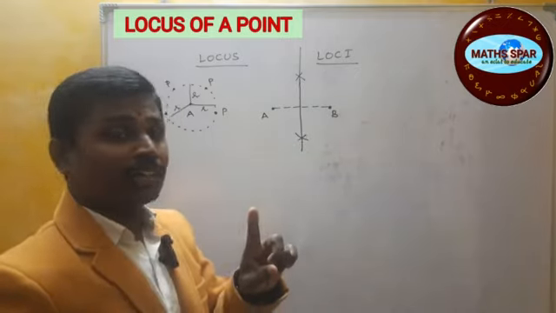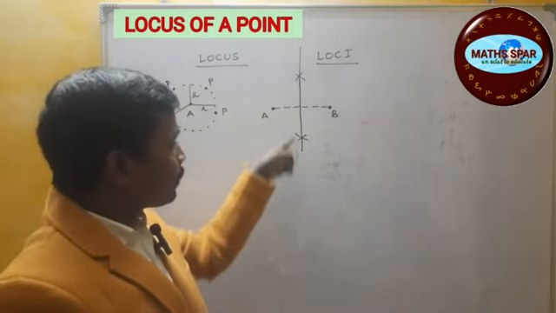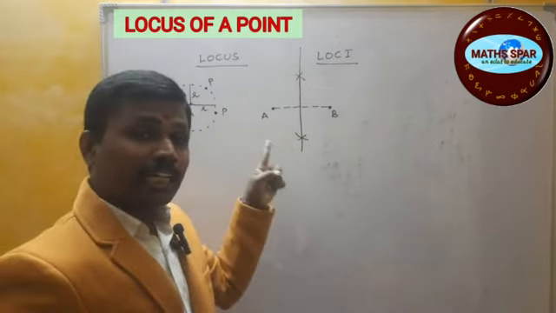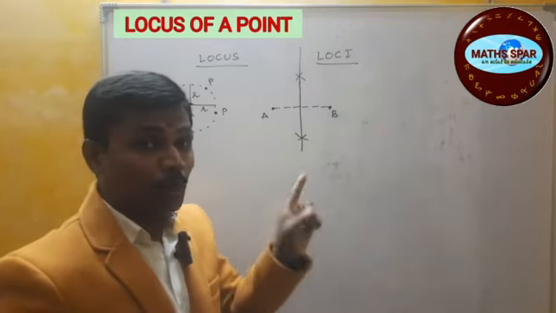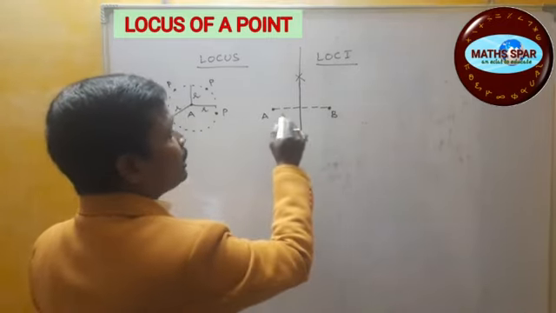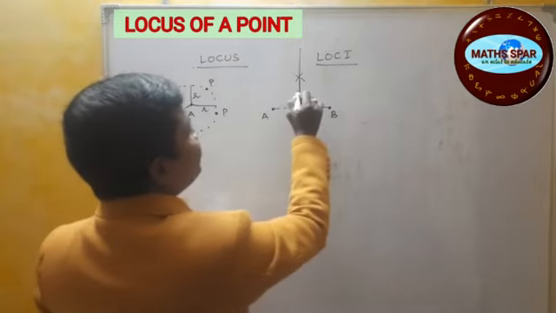Don't assume that this particular perpendicular bisector is the locus of a point which is equidistant from the line segment. No, the locus of a point which is equidistant means everywhere.